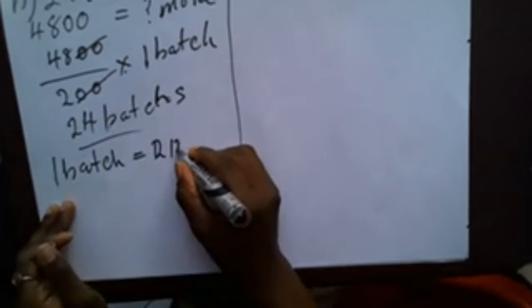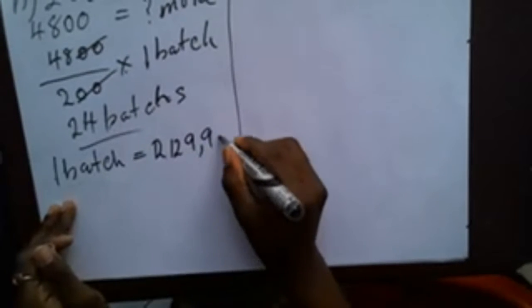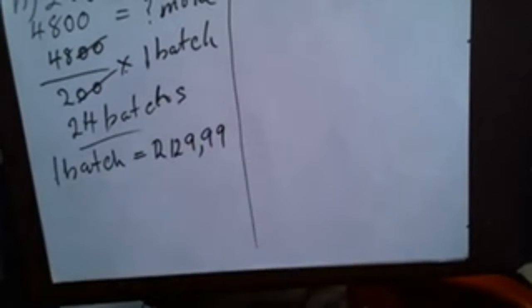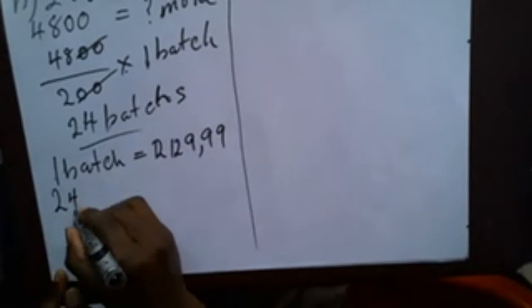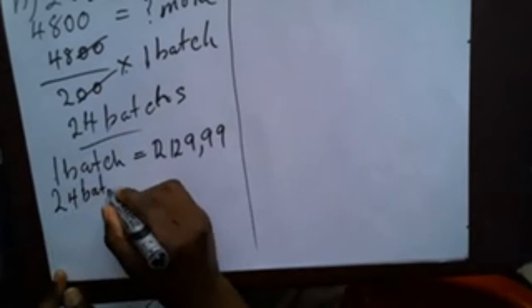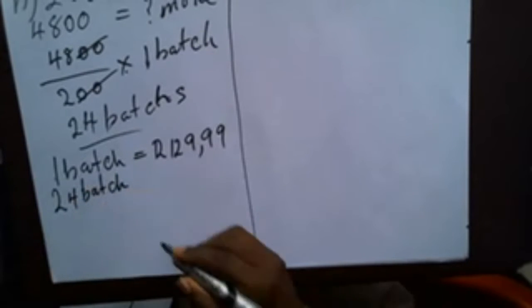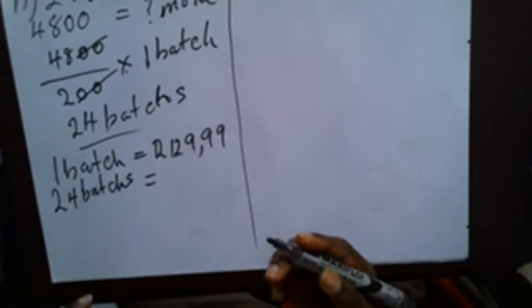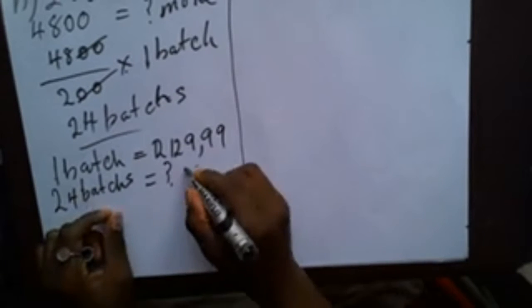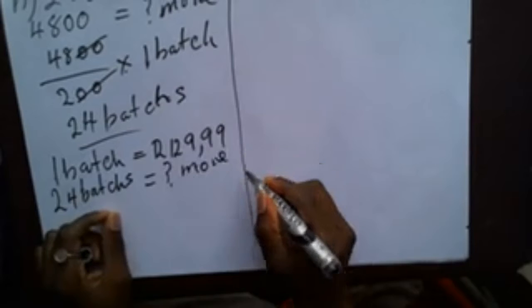One batch is equal to 129.99. How many batches do we need to buy? We need to buy 24 batches. I would expect 24 batches to cost more than one batch, of course. So I'll say more.